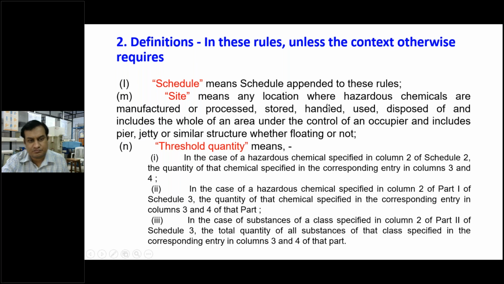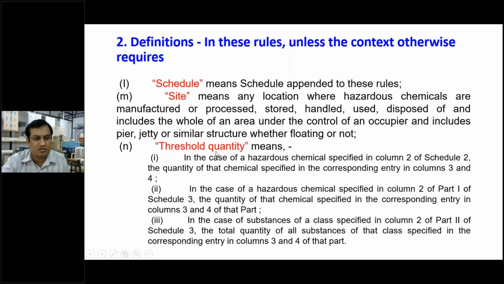So if you manufacture, process, store, or handle any type of hazardous chemicals, then that particular location or factory is called a site. So site means where you are going to handle these hazardous chemicals. Handling may be storing, processing, manufacturing, whatever the activity. But if all these activities are related to hazardous chemicals, then it is called a site.